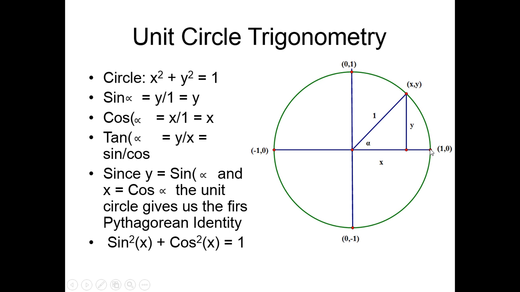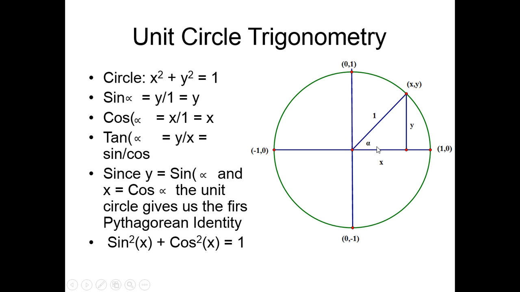We mark off all the pivotal stops along the way, which are the 90-degree stops on the unit circle where it intersects the x and y axes.